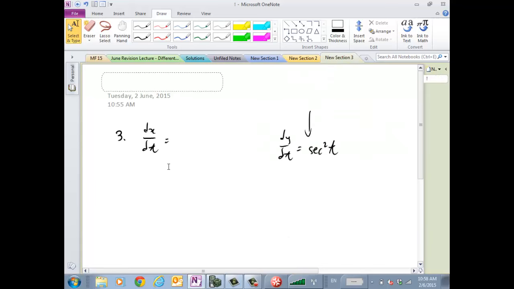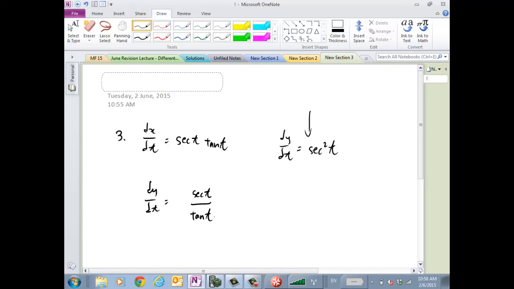So this one is sine t, tangent t. So dy/dt is equal to this. I have a question, students. Can I simplify further? For this one, can I simplify further?